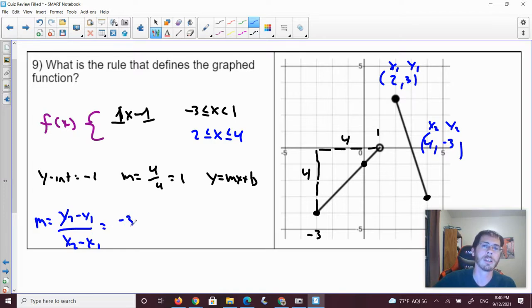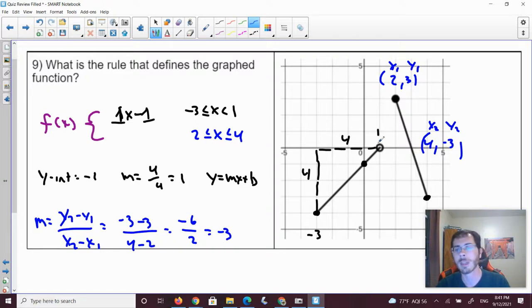So -3 minus 3 over 4 minus 2, so -6 over 2. So we know that the slope is -3. Again, negative makes sense. And if we want to check, down 3 over 1, yep, okay. So we have the slope, -3.